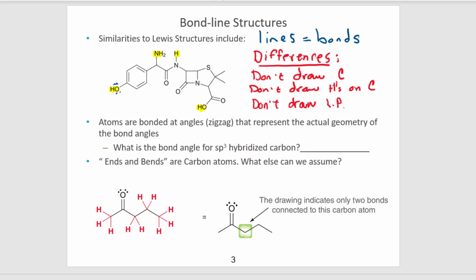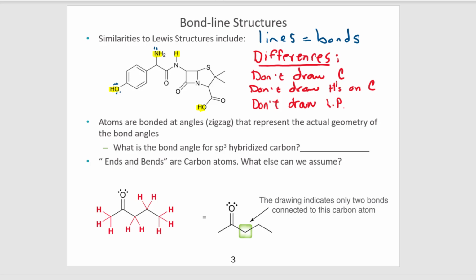We just didn't draw them. Nitrogen, 3 bonds, 1 lone pair. The nitrogen, as shown up at the top here, has the 2 hydrogens and 1 bond to the scaffold. So 3 bonds are shown, but the lone pair is assumed. Okay, so those are the major differences with Lewis dot structures.